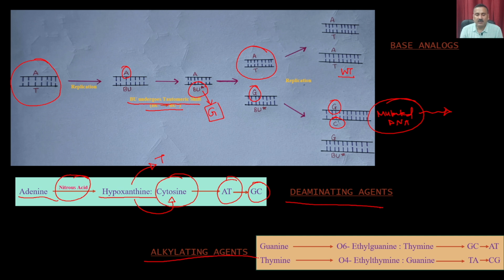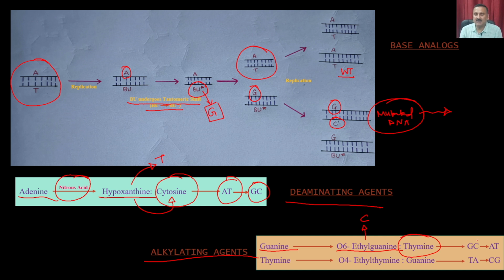And then you also have the alkylating agent. For example, guanine is going to get converted into ethylguanine, and ethylguanine is going to have the affinity for thymine instead of the interaction with cytosine, and because of that there will be a reverse, right. In the earlier case, the AT is being replaced by GC.